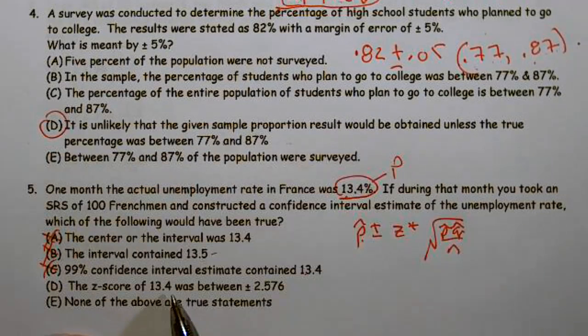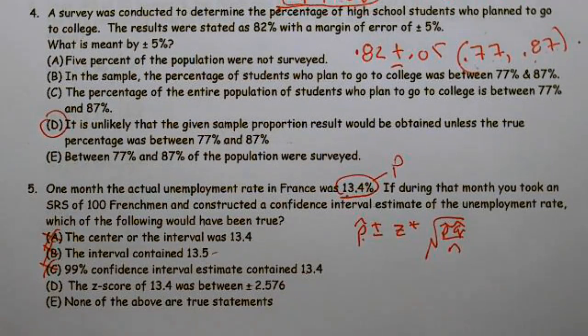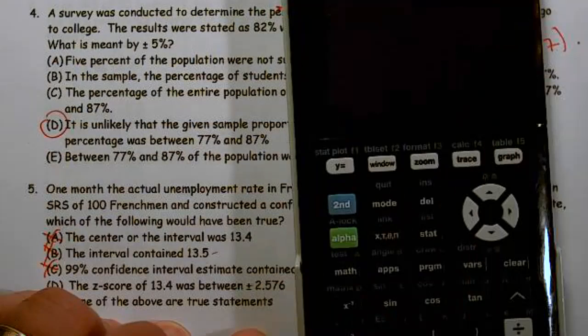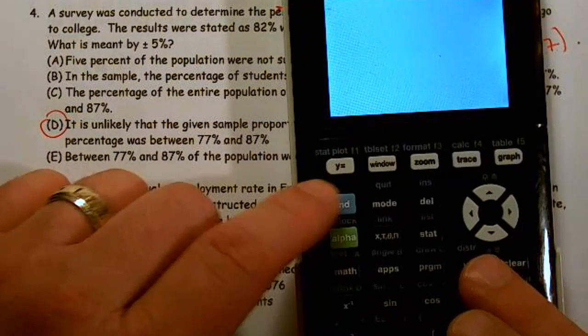The z-score of 13.4 was between plus or minus 2.576. No. Z-score 2.576, and by the way, you're like, where in the world did they get that?